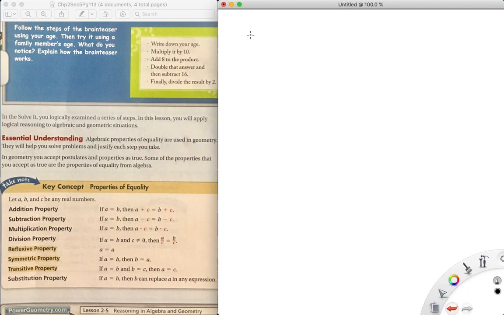We also have the substitution property of equality. I just call it sub, and I use it for equality and congruency. And it says that if A equals B, then I can substitute B for A in any situation.